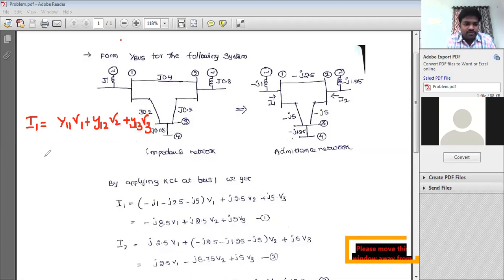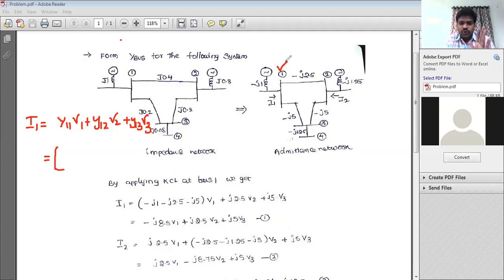Now you take a look at this. Y11 can be obtained as follows. If I consider this bus number 1, this is the best advantage of the direct inspection method over singular transformation, so that you don't get confused. Directly, by using the direct inspection method, I am going to explain how we can write the algebraic equations. This is the generalized form you should remember.